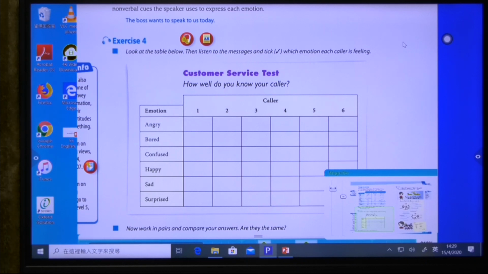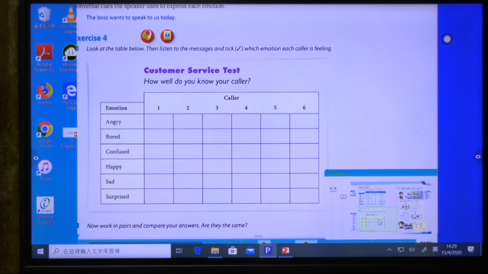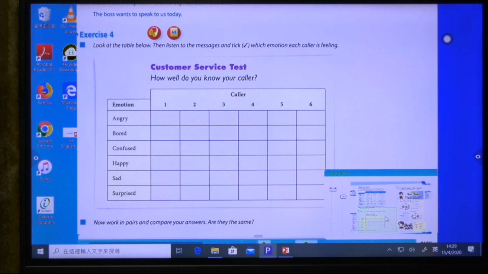Exercise 4, page 32. Look at the table below. Then listen to the messages and tick which emotion each caller is feeling. Okay, everyone. Have you all got your pens ready? Here's caller 1. I've talked to 3 people already, and no one is any closer to solving my problem. I just want to get the internet connected. You people are so incompetent.